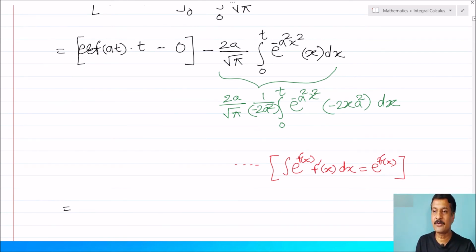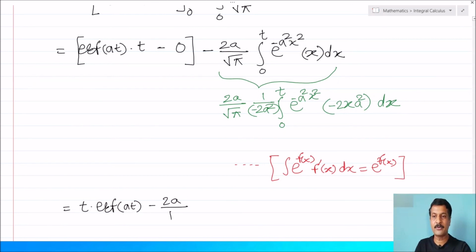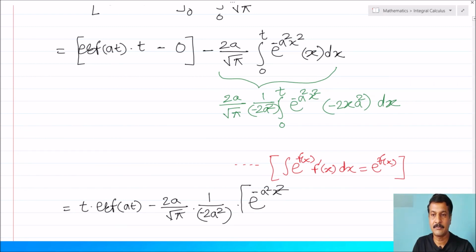So that is equal to, I am now getting here, t into the error function of at minus 2a by root pi into 1 upon minus 2a square. How? Here is the explanation: into e raised to f of x. By using this result, I am getting e raised to minus a square x square, with limits 0 to t.